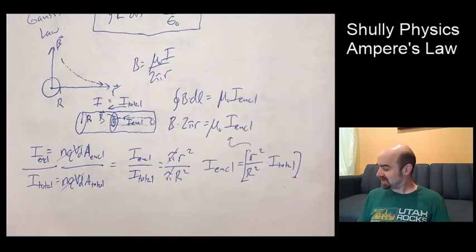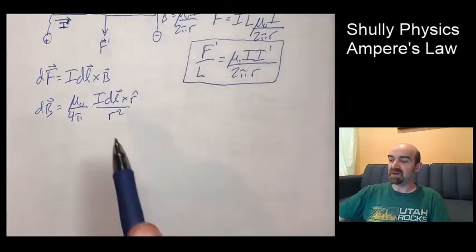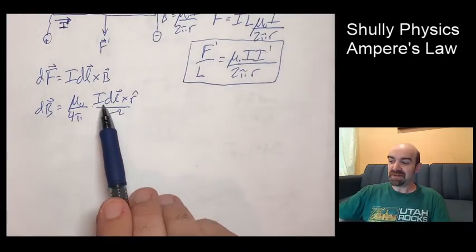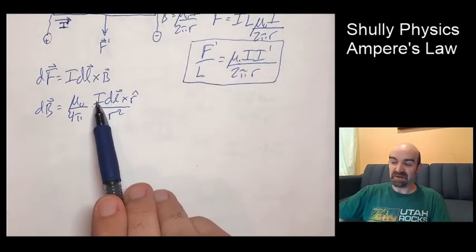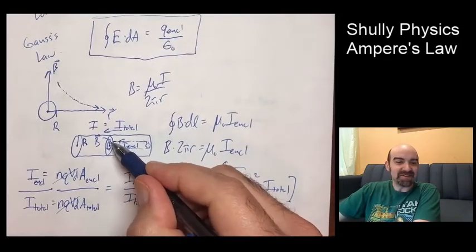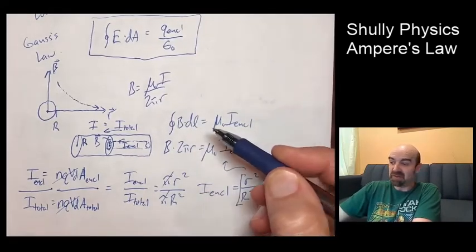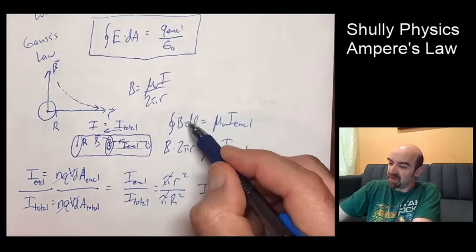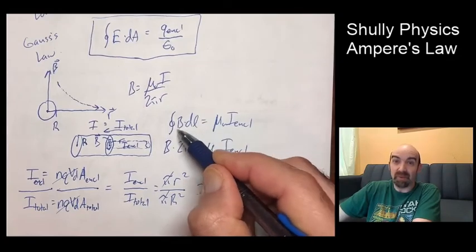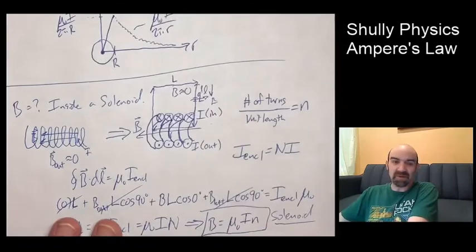So this dL is not the kind of dL we've been looking at in the Biot-Savart law, like I dL. That L was a length of current, a current length, I dL. But the loop we're looking at here, this little dL, is separate from the current element. This is the magnetic field around a loop, around a pathway. It doesn't have to be a circular loop. It could be a pathway like we looked at with the solenoid.